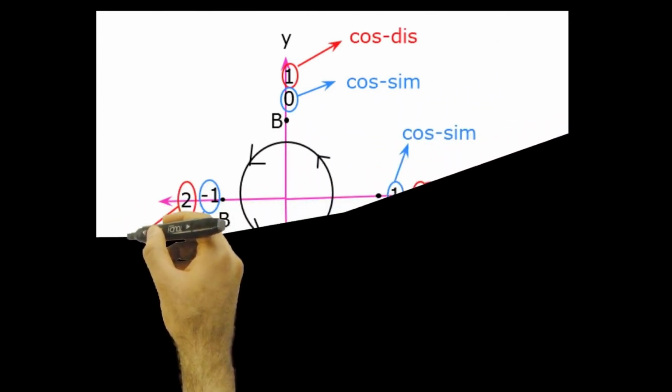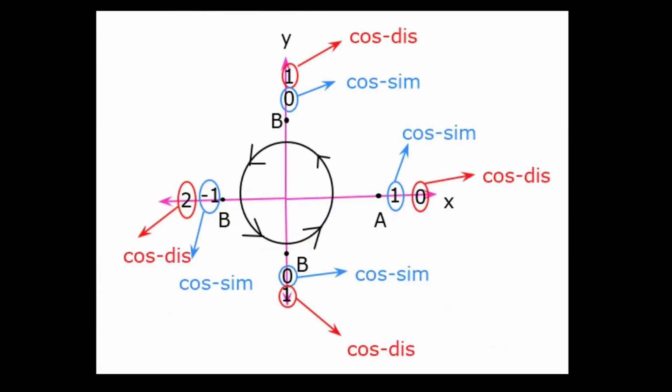Let's understand some more properties of cosine similarity. This is important. Suppose point A is on the x-axis. If point B is also on the x-axis, then cosine similarity becomes 1 and cosine distance becomes 0. If point B goes far away from point A, then cosine similarity will decrease.